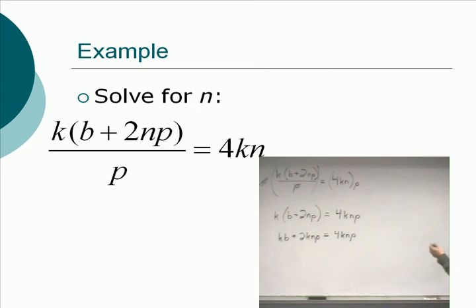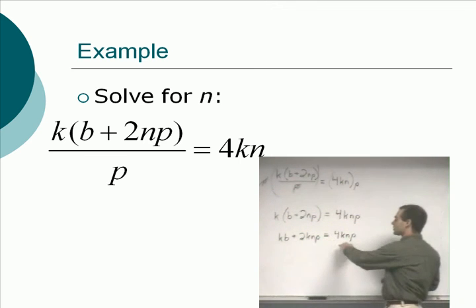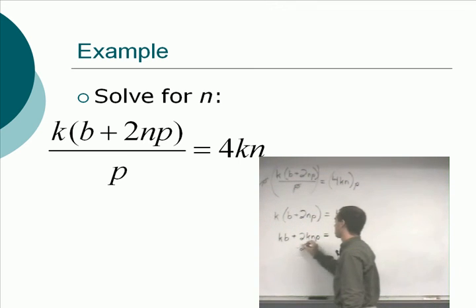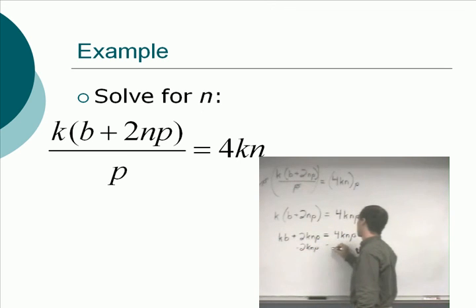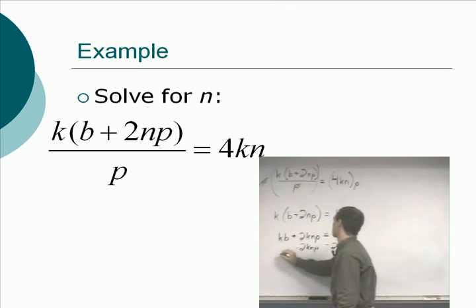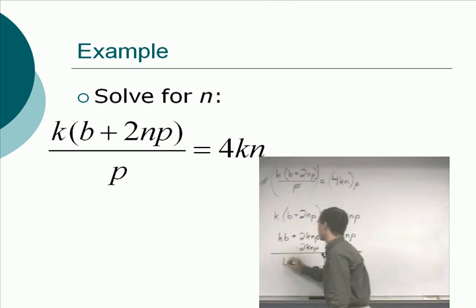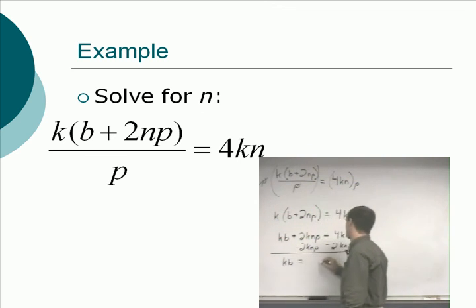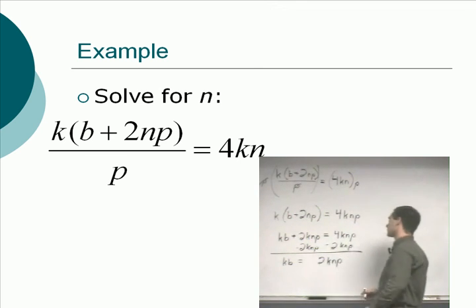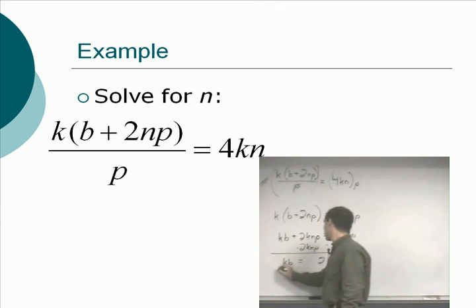Okay, well now, I forgot which one are we trying to solve for? N. So let's collect the n terms together. Let's put them over here. To KNP. And so, divide off your 2kp.